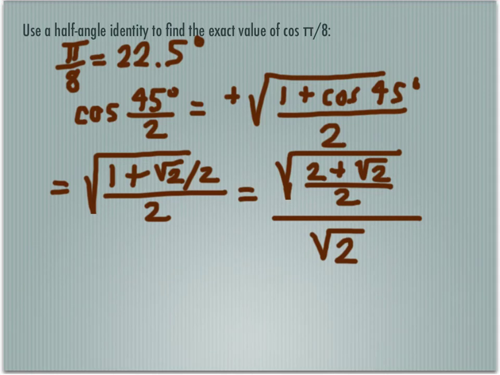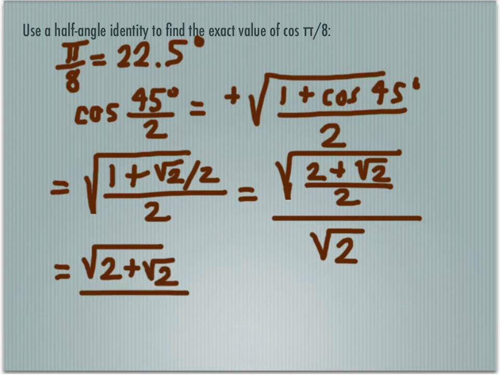So, I might not get this done in this slide, but we'll see. I could rewrite this as the square root of 2 plus the square root of 2 over the square root of 2. And again, that's just the numerator part, just writing that differently.